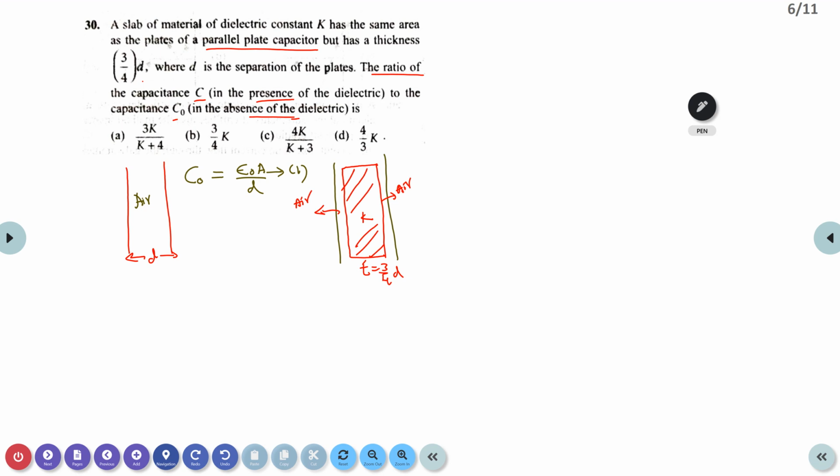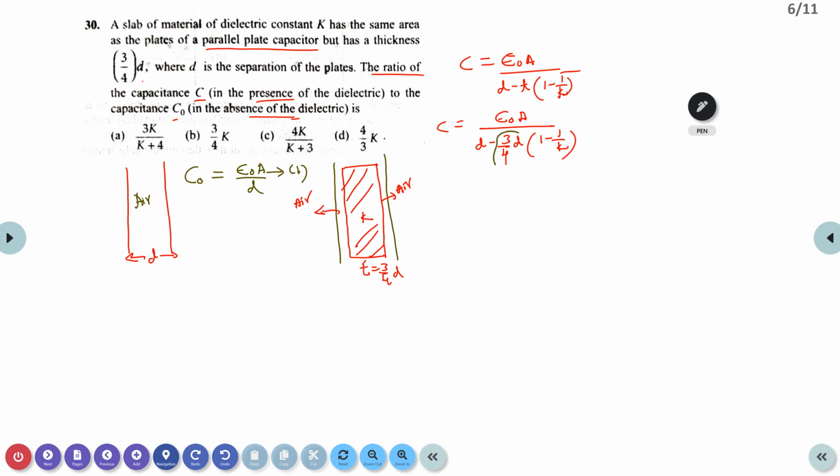And one formula is there: C equals epsilon naught into A divided by D minus T into bracket 1 minus 1 by K. This is the standard formula. Now I will substitute: C equals epsilon naught into A divided by D minus 3/4 of D into bracket 1 minus 1 by K.